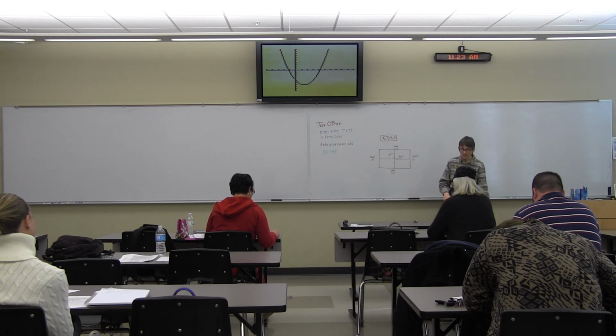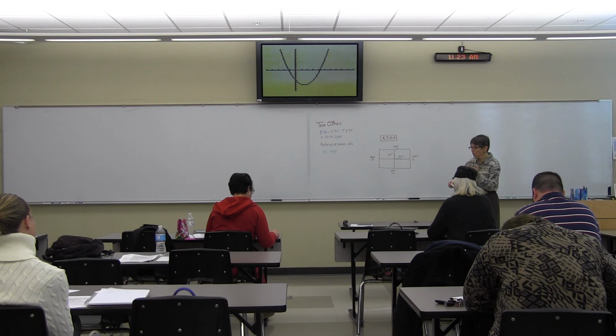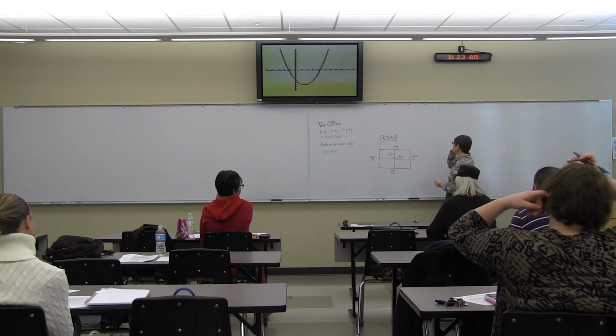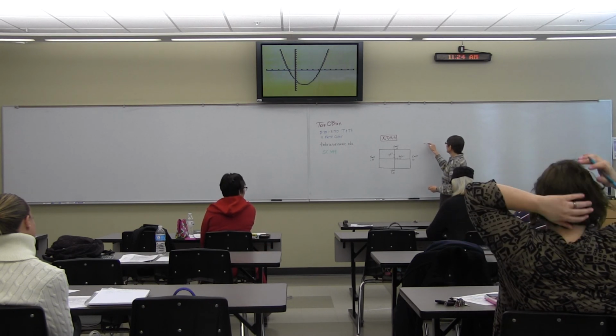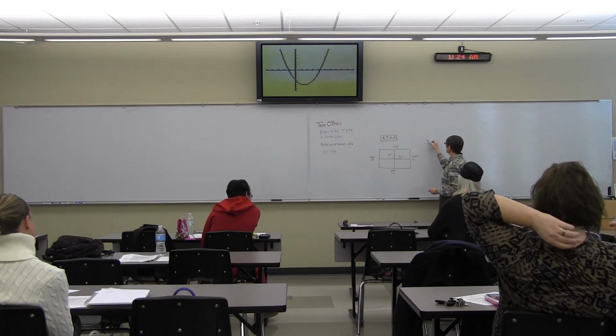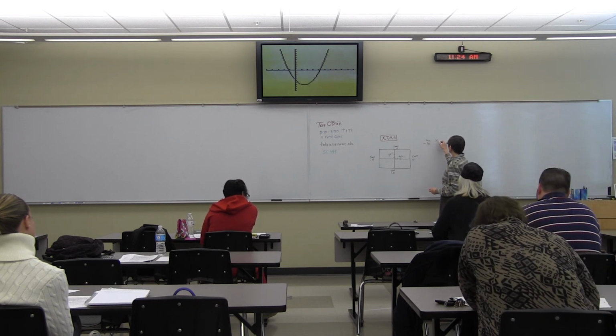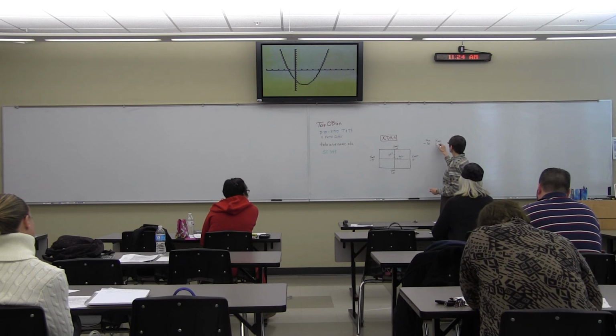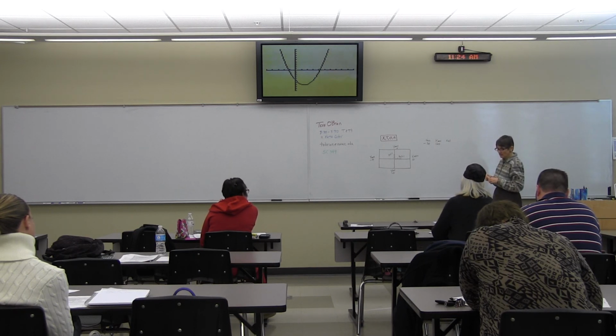Now, let's talk about the scale. Let's say that we changed, we're not going to do this, but let's say we changed our window from the X min to -30 and the X max to 120. If I leave the X scale, how many notches would I have on my X-axis?